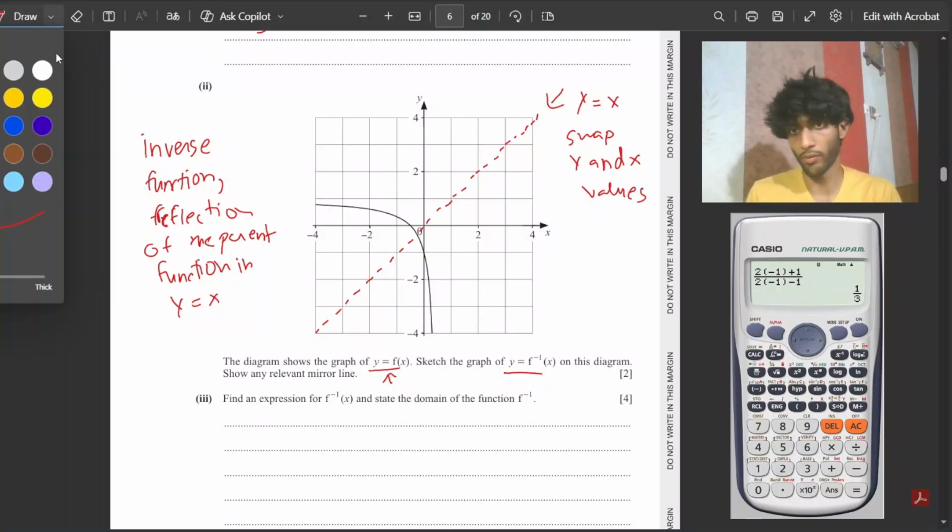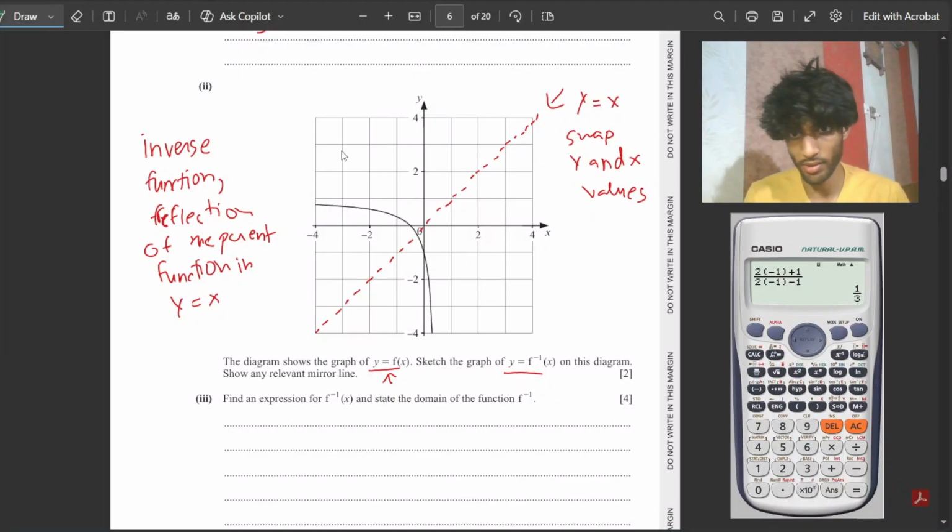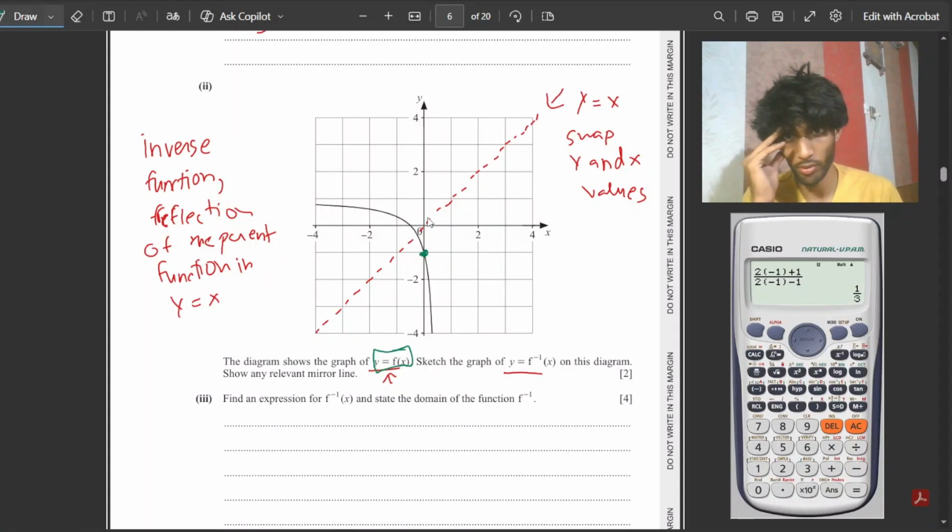So let me just pick out a few values from this parent function f of x. One of those values is going to be this value, because it's a really easy value. So 0 comma -1, that's one value that's going to get swapped.